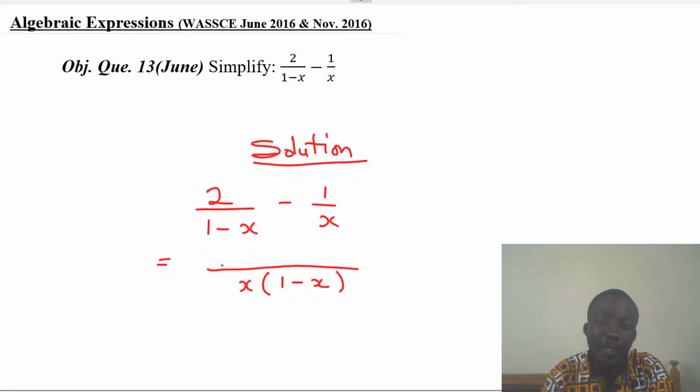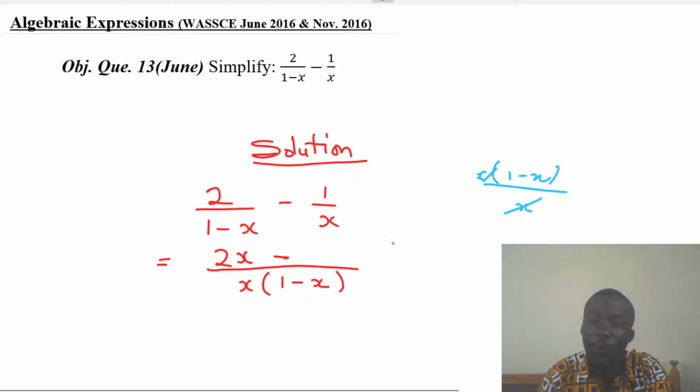We'll be left with x, and that x multiplied by 2 will get 2x, minus the same denominator, which is x into bracket 1 minus x, divided by x. We will be left with 1 minus x.